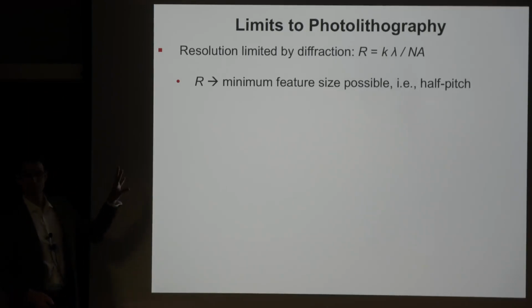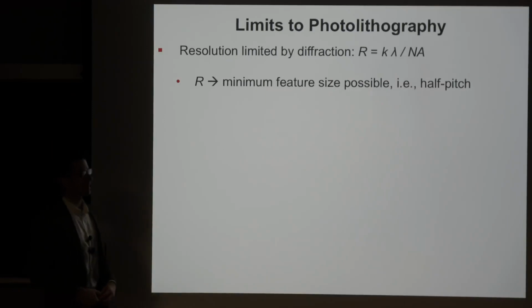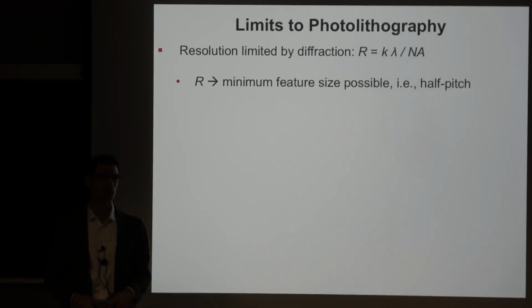These are, believe it or not, kind of loose definitions, but it's in general the size that it's reasonable to reach. Anyone know what the half pitch has reached in 2017? If you bought a state-of-the-art microprocessor in 2016, do you know what the half pitch was?